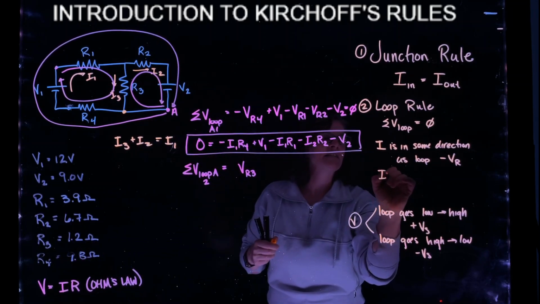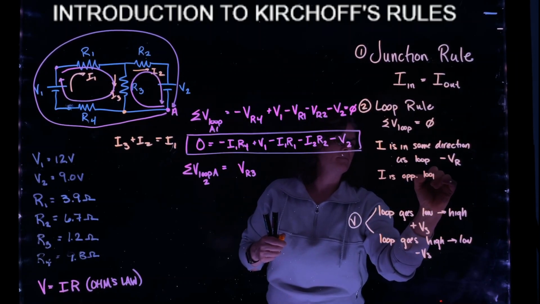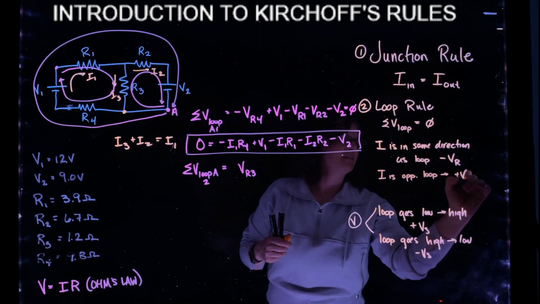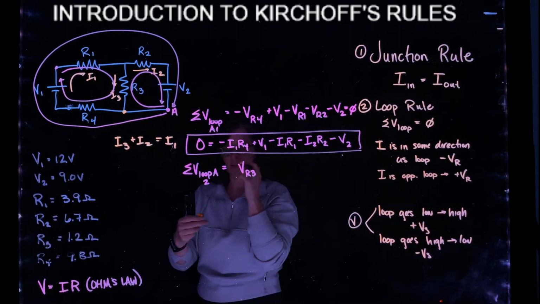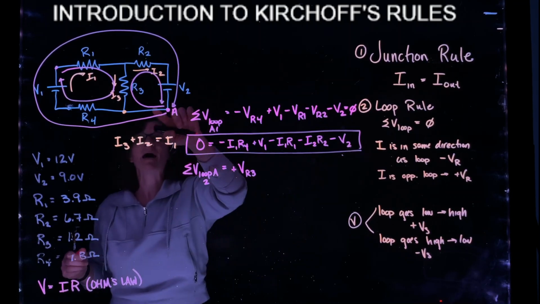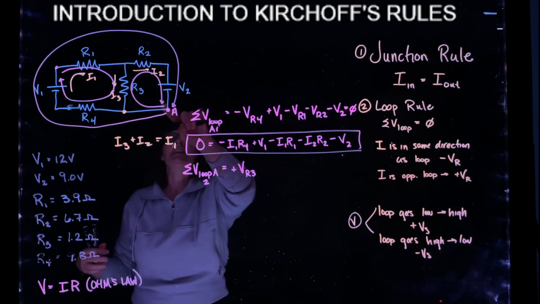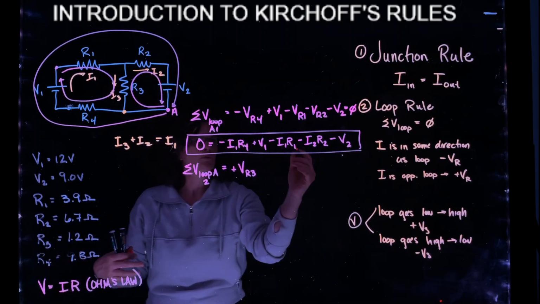If the current is opposite the loop, then the voltage increases across that resistor, so it's positive. So the voltage across resistor 3 is positive based on the direction I made my loop. The next thing I encounter is resistor 2.